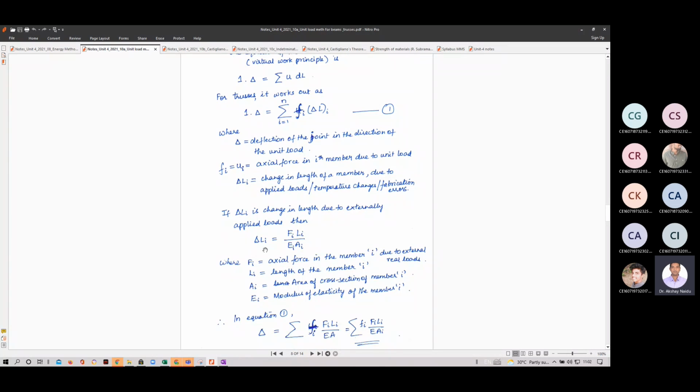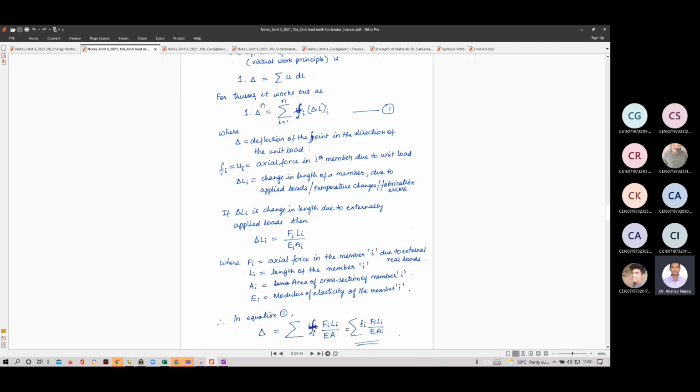This change in length is due to the applied member force. You know, F is the axial force in the member due to external real loads. So FL by EA, or FL by AE, is the real displacement of the members. This is the virtual force.